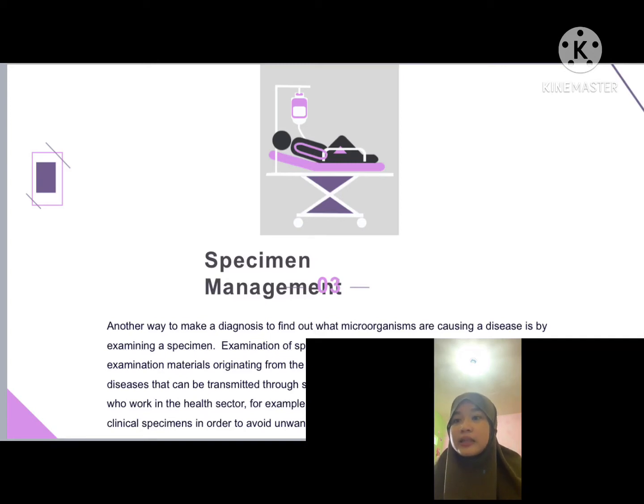Several diseases can be transmitted through specimens, and the examiner is no exception. Therefore, people who work in the health sector, for example ATLM, must understand very well how to manage clinical specimens in order to avoid unwanted things, especially those that are dangerous to health.